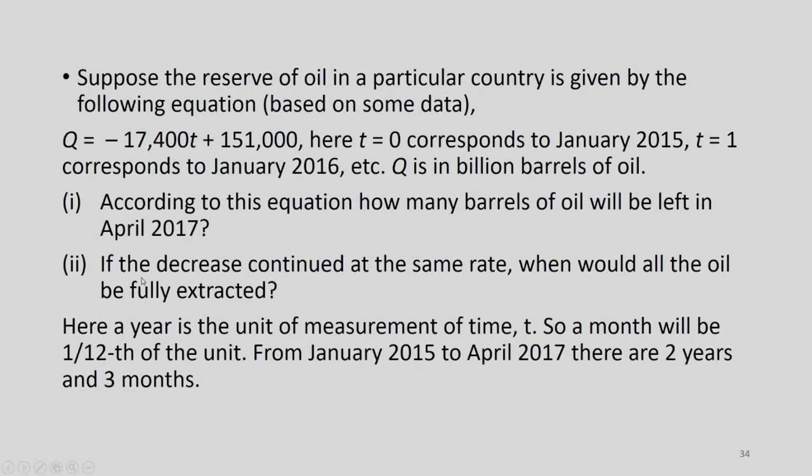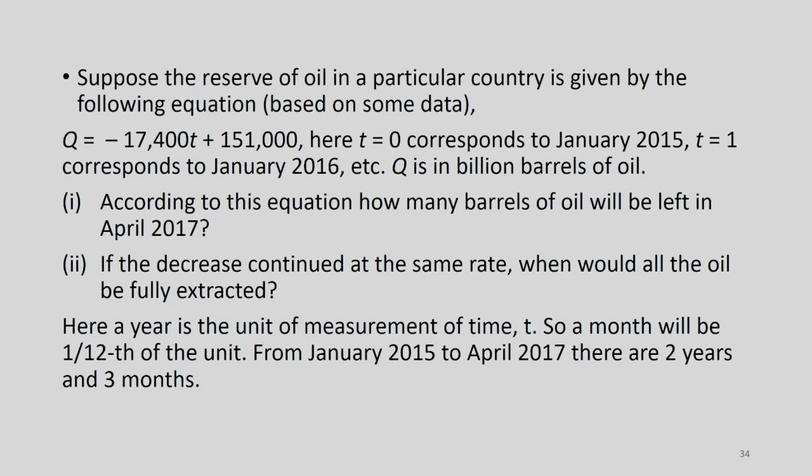Here is another example. Suppose the reserve of oil in a particular country is given by the following equation based on some data. So, Q is the reserve of oil in a particular country. It is given by minus 17,400T plus 151,000.